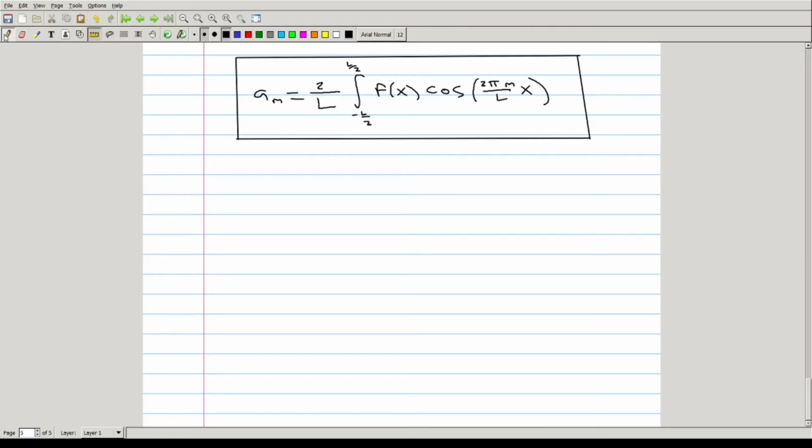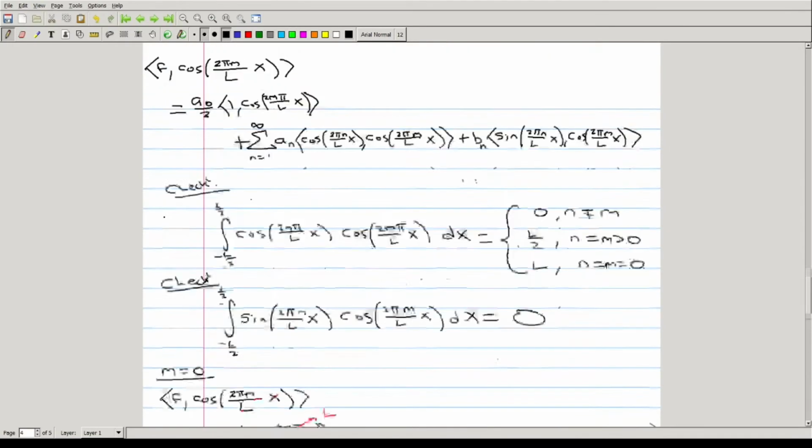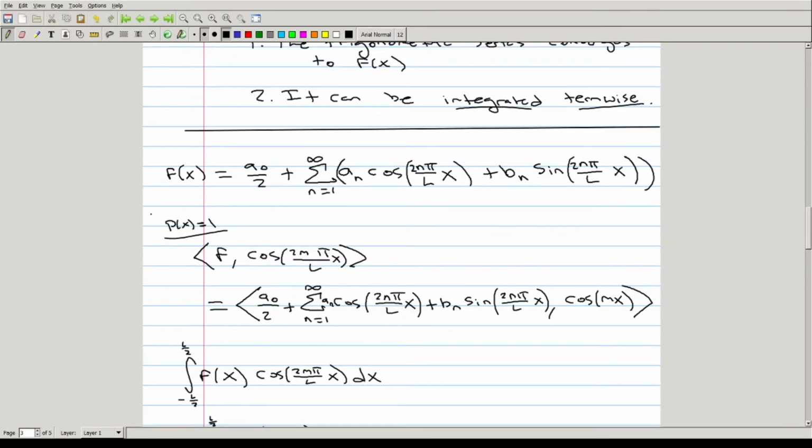And what's amazing is that we can go through similarly and do this exact same process, starting at the very beginning by multiplying the series by not cosine of 2 pi m over L x, but sine of 2 pi m over L x.